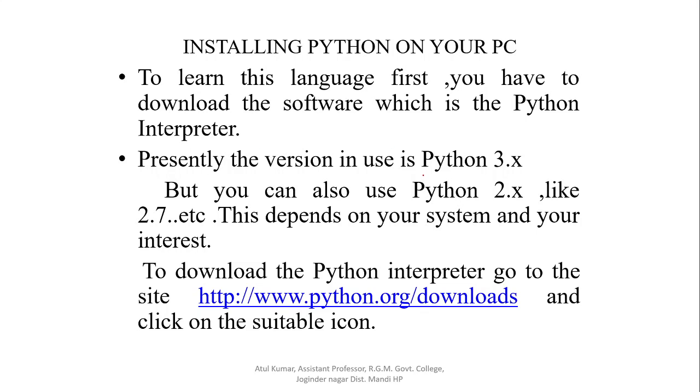The current version is Python 3.x, meaning the subversion, and the latest subversion is 3.8 to date. You can also use older versions like 2.7 according to your system specifications and interest.